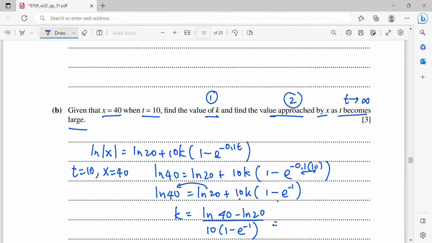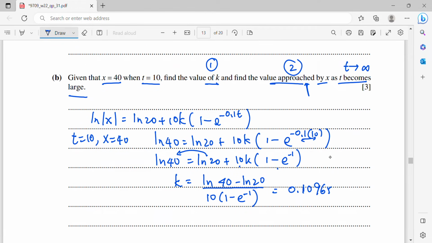Alright, so you can simplify this to 0.10965. Now here we do not leave our answer correct to 3 significant figures because we need to approximate it. Or probably you write down this, then you write down it is 0.110 if it is 3 significant figures.